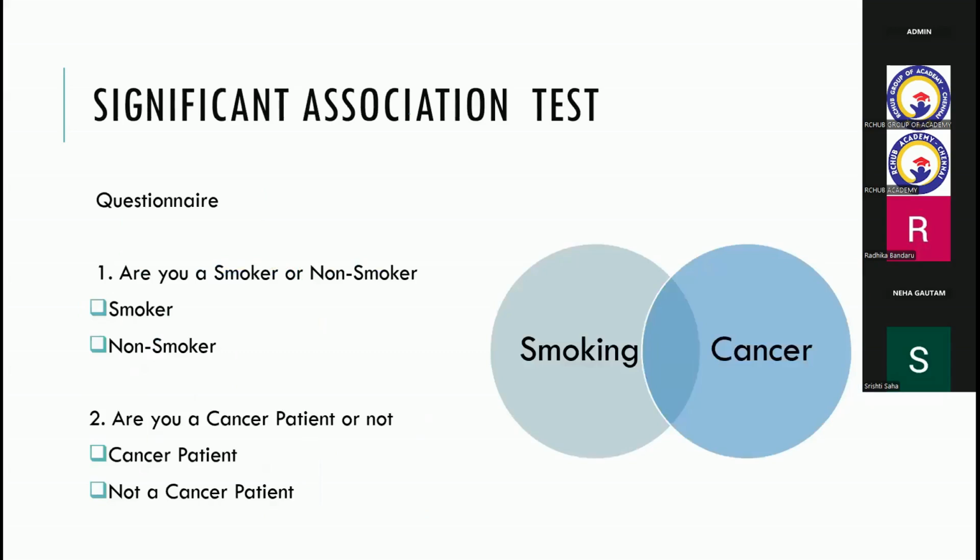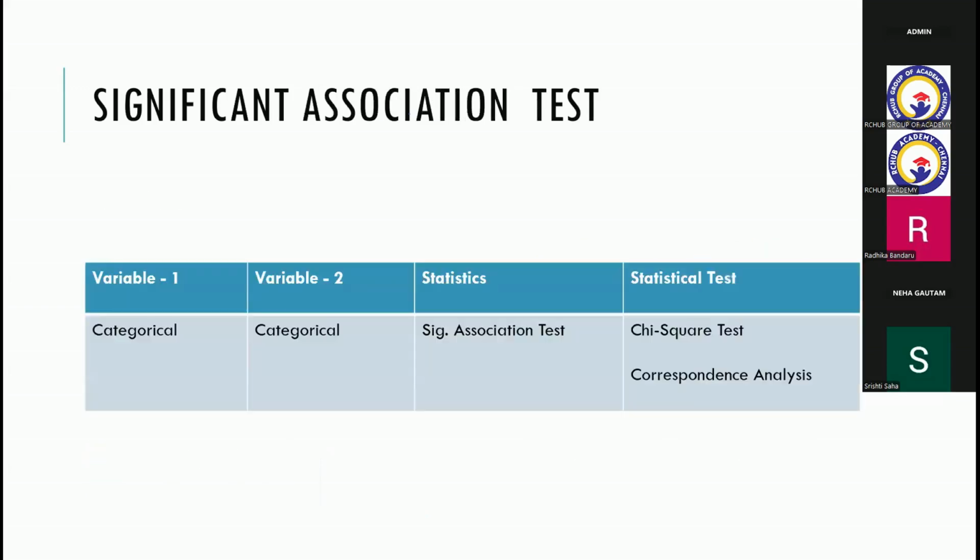So these are the questions. When it comes to finding a significant association, we generally do a chi-square test or correspondence analysis. In order to find whether two categorical data are associated with one another, we perform a chi-square test.